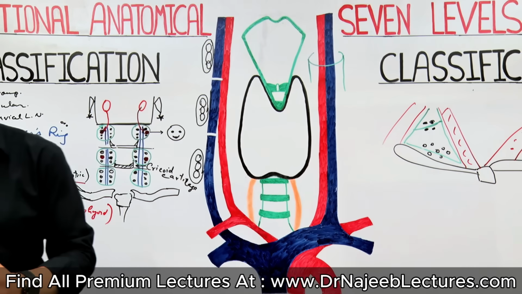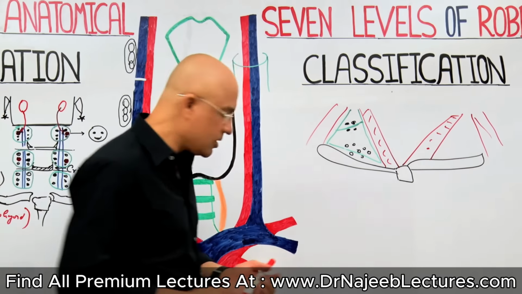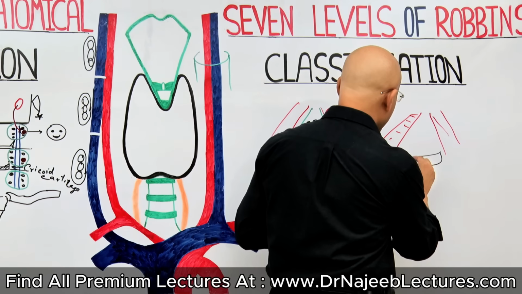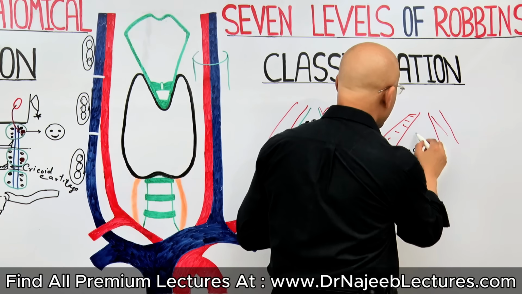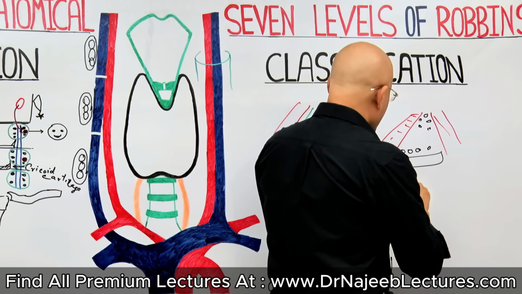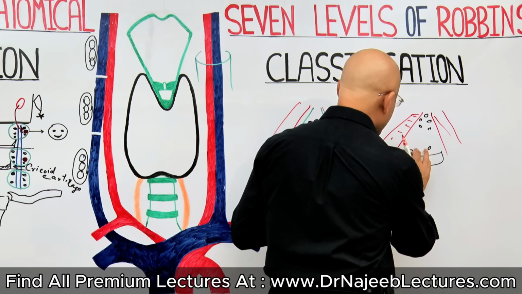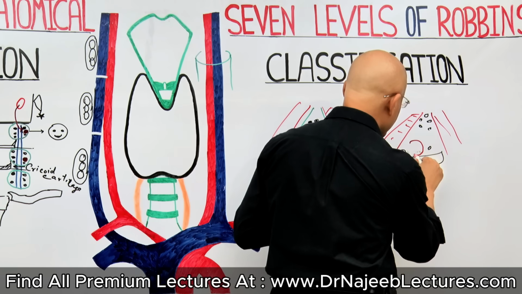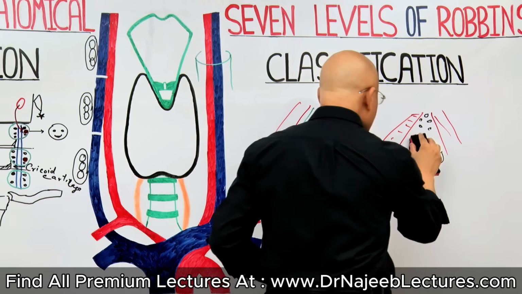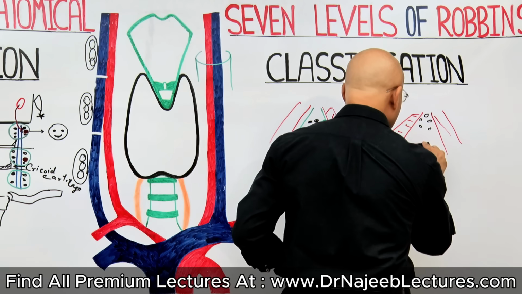supraclavicular lymph node on the left side, I have not drawn, okay, I draw there. This is on the left side, supraclavicular lymph node. This is upper and this is lower. Oh, one of them is very, very dangerous lymph node. Oh my God.